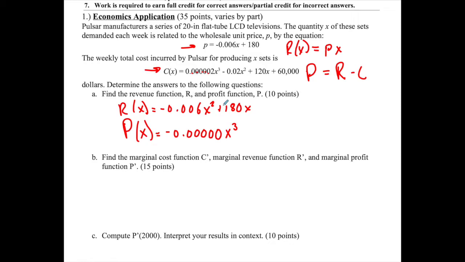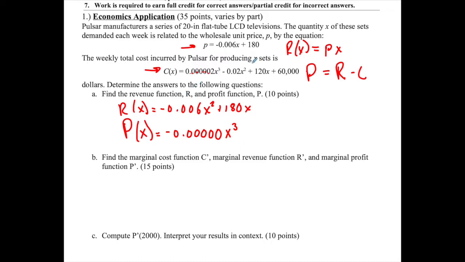So I need to take minus 0.006x squared and subtract minus 0.02. So I'm going to do net 0.006 minus 0.02, or negative 0.02, because what you want to be doing is subtracting this many x squareds from that many x squareds.